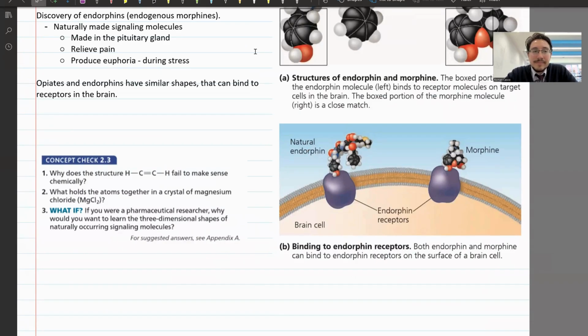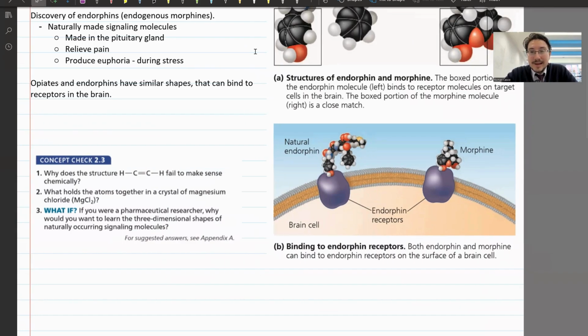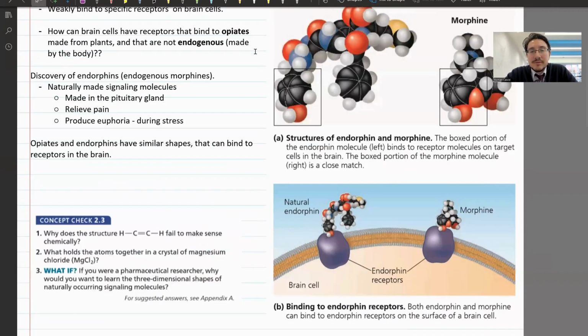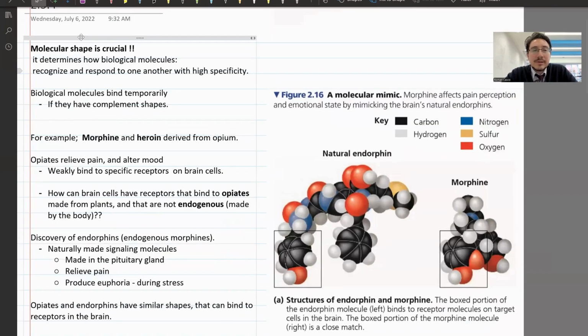Just by computational methods. It's referred to as drug discovery. Especially now with AI, it has created a lot of breakthroughs in drug discovery. All right, so this is very critical in terms of molecular shapes.